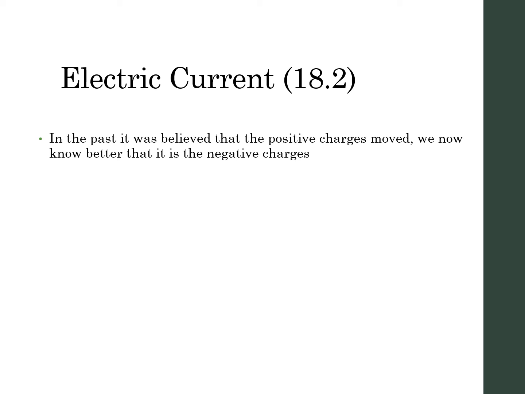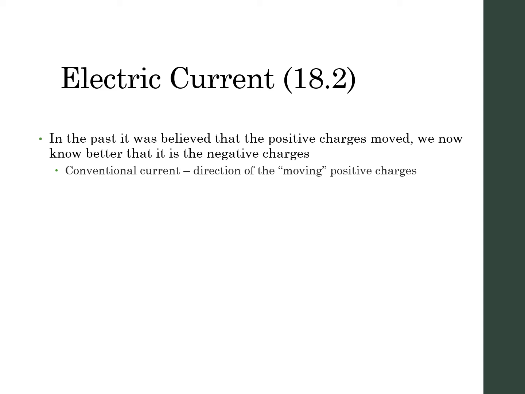However, for some dumb reason, we, being physics people, I didn't decide this, believe me, have decided that this is going to be a place where tradition for some reason doesn't die. The conventional current, which is the current we're going to be focusing on a lot in this class, is the direction of the, in quotes here, positive moving charges.